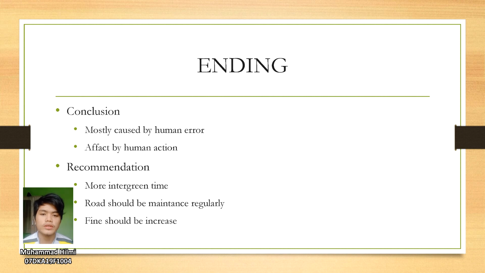The accidents that occur at the junction are heavily affected by human actions and lack of road maintenance. As a recommendation to fix this problem, firstly, give more priority for the green light to the heavy traffic lane, while still maintaining a reasonable amount of time for the lighter traffic lane.